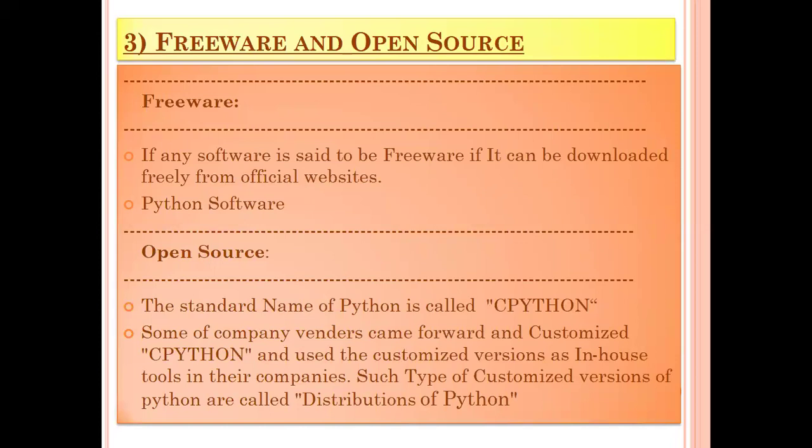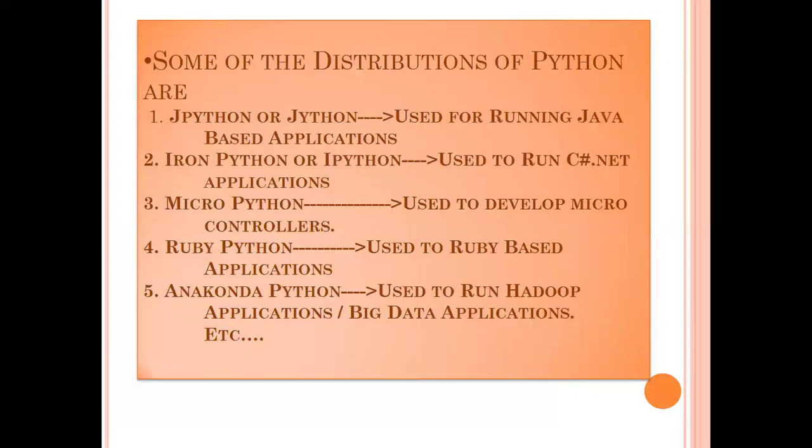Such customized versions of Python are called distributions of Python, like JPython or Jython. This is used for running Java-based applications. They are known by the name of JPython or Jython.